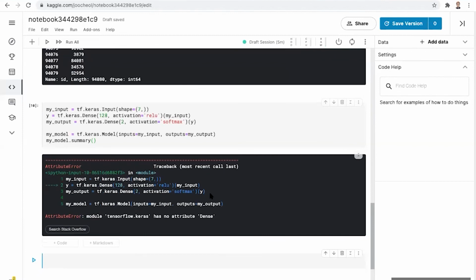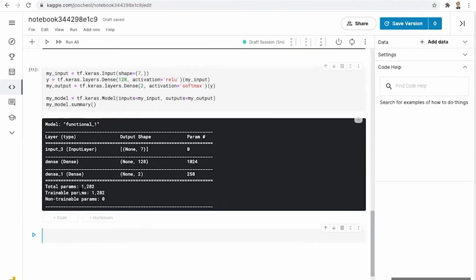Okay, there is an error. tf.keras does not have attribute dense. That's right, because I forgot to add the layers. Layers. And here, layers.